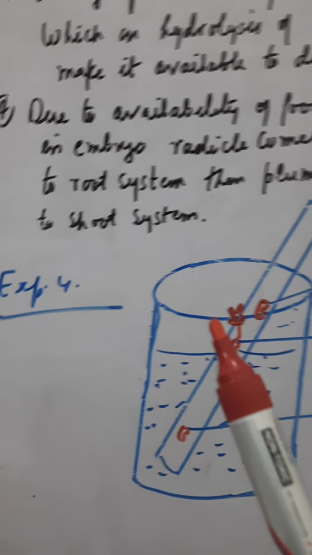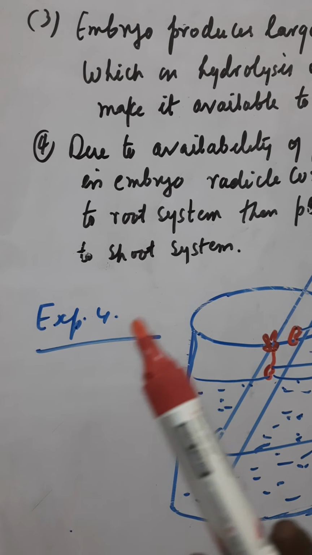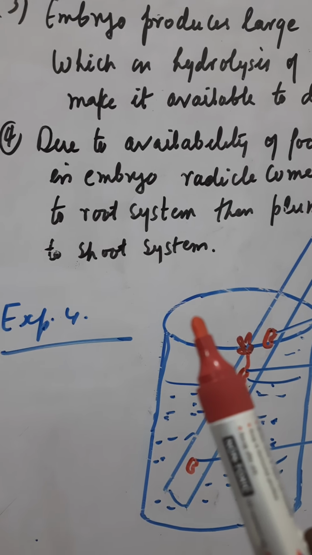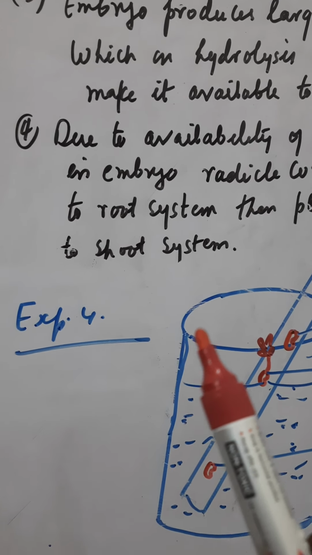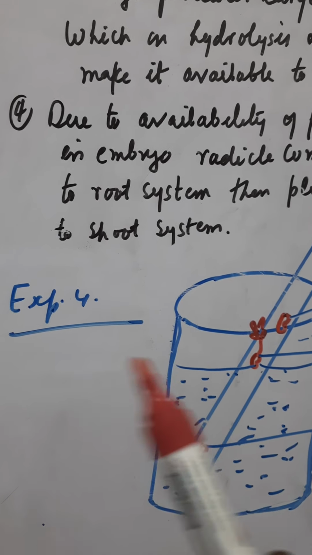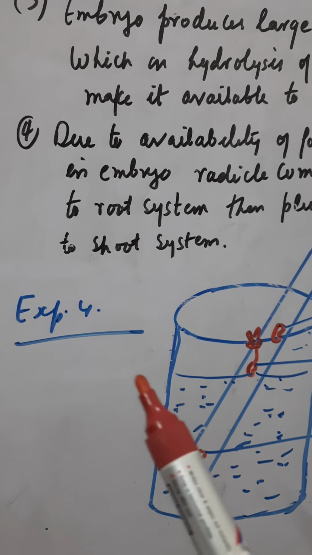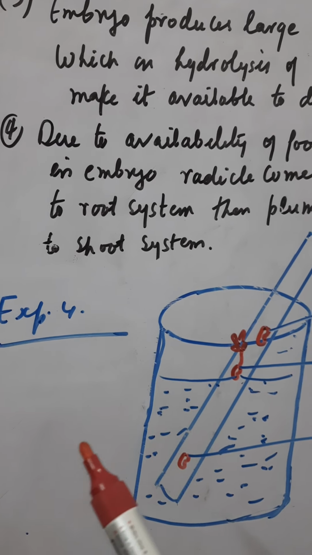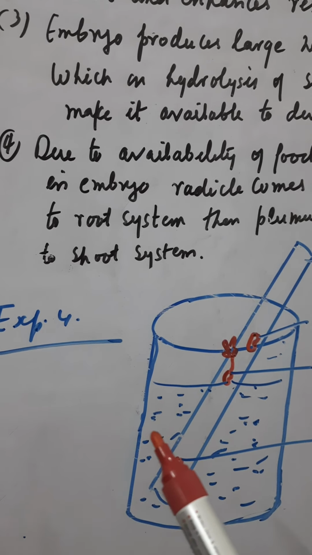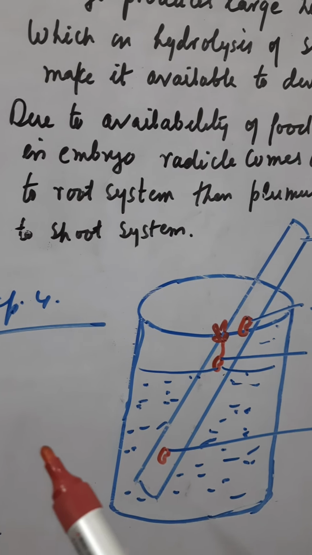In this case, take 4 petri dishes as A, B, C and D. Place cotton wool or blotting paper at the bottom of the petri dishes and soak seeds in the following manner. At the bottom of the petri dish you will put the cotton wool or blotting paper, and ultimately you are going to add the seeds in them.